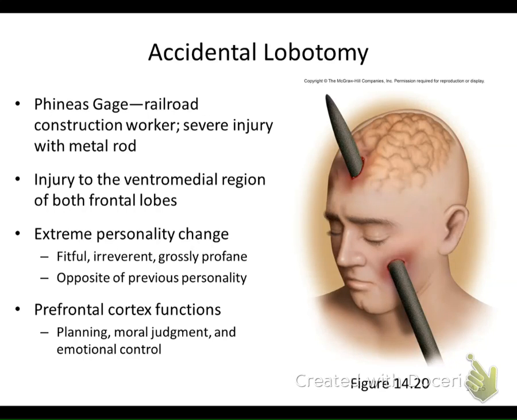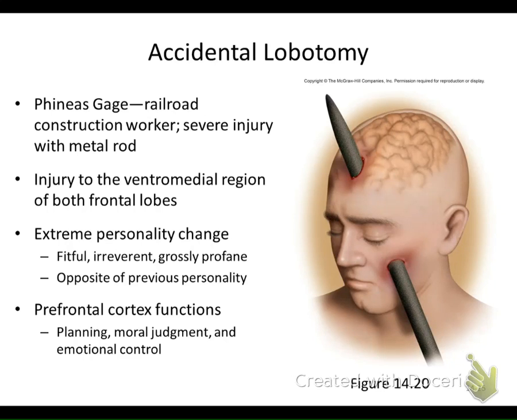And what lobe did we just affect? We just went right through the frontal lobe. Especially we went early in the frontal lobe. We're in the prefrontal cortex. And this guy started exhibiting some really gross behaviors. Very angry, very agitated. He apparently was a really nice guy before all this.